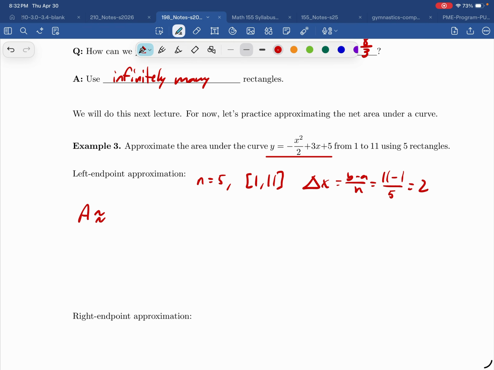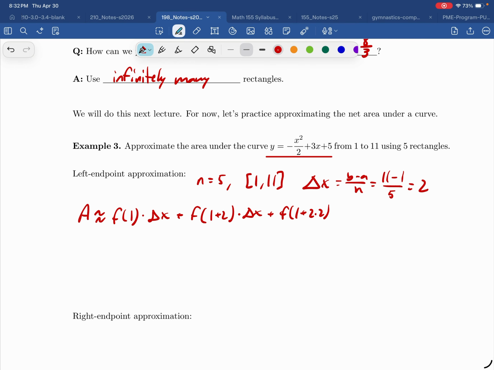Well, if we're using left endpoints, it's going to be f of 1 times delta x plus, and then we jump 2. We're going to say f of 1 plus 2 times delta x, and then we move another width over and say f of 1 plus 2 times 2.